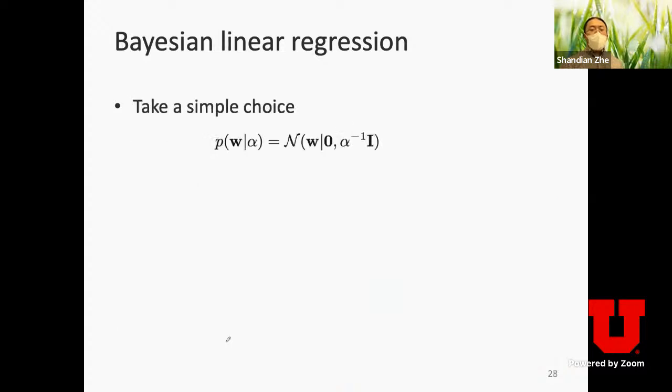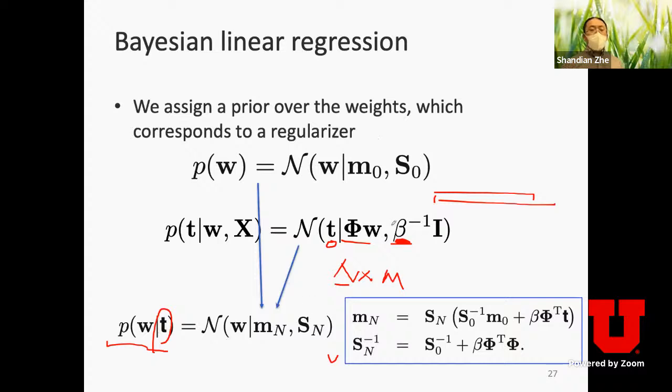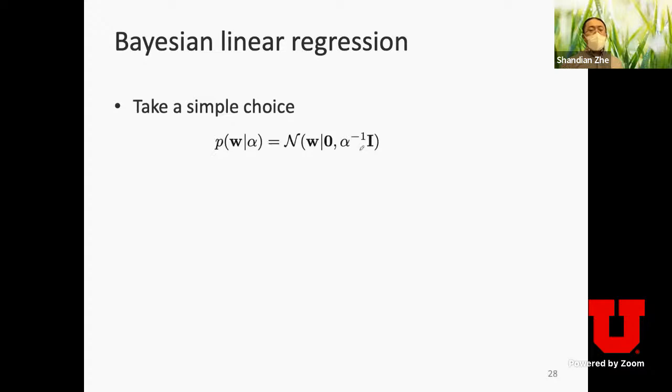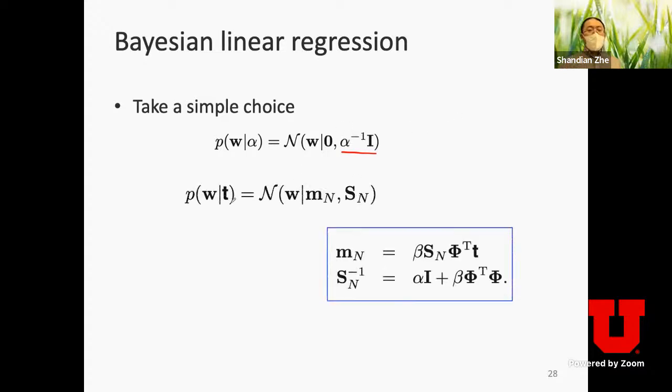A simple choice for this model is to choose M0 to be 0 and S0 to be the identity matrix scaled by some constant alpha inverse. Given this likelihood, we can calculate the posterior mean and posterior covariance.